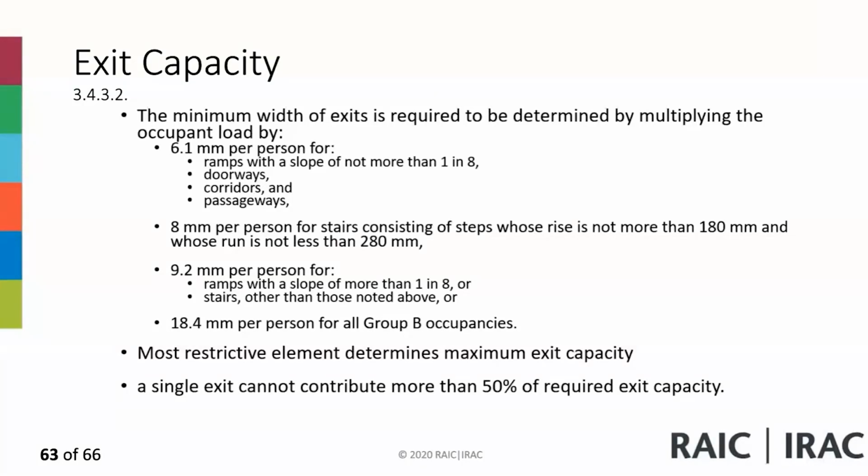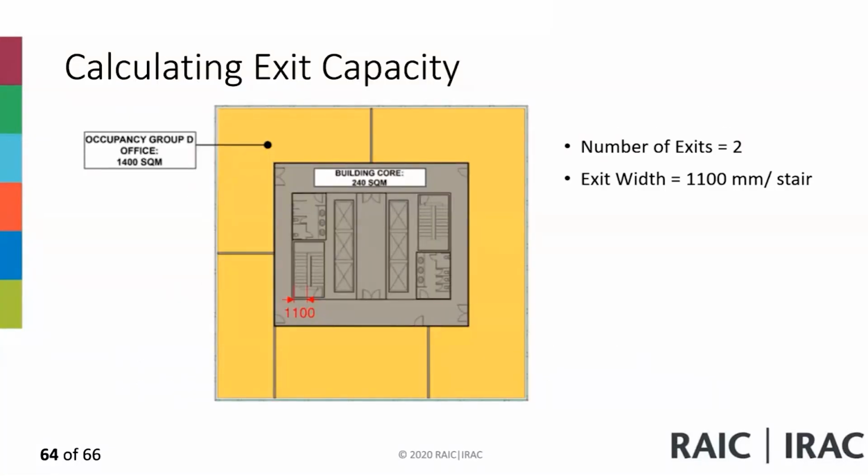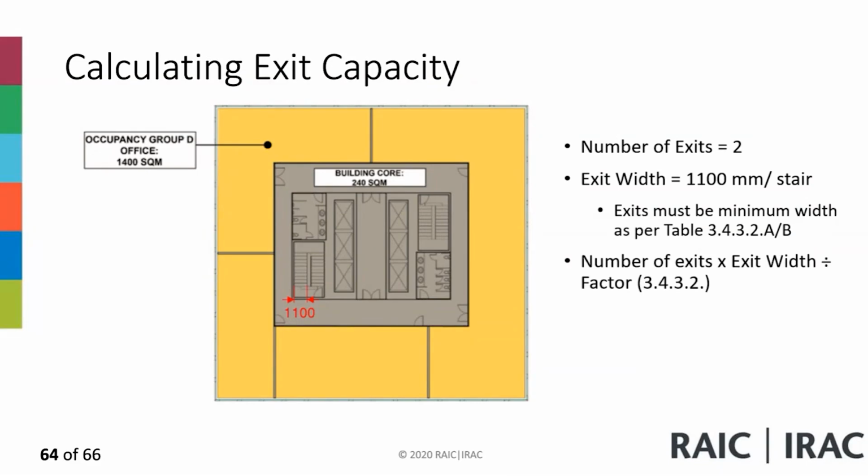So when you're subdividing the occupants between both exits, you want to make sure that you don't put more people onto one exit than the other exits. So number of exits, 2, number of exits times exit width, divided by the factor.